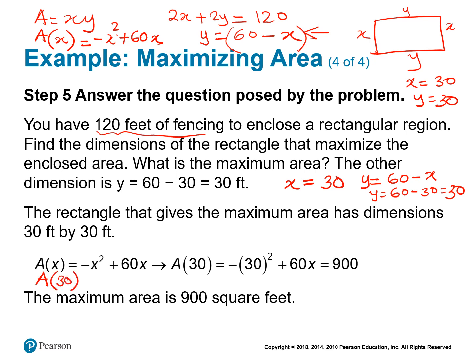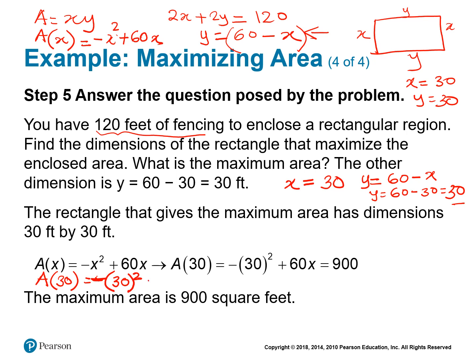So A of 30 equals negative 30, again use your brackets, that's very important, minus, this minus stays outside the bracket. X has a value of positive 30, and that's what goes inside the brackets and gets squared.